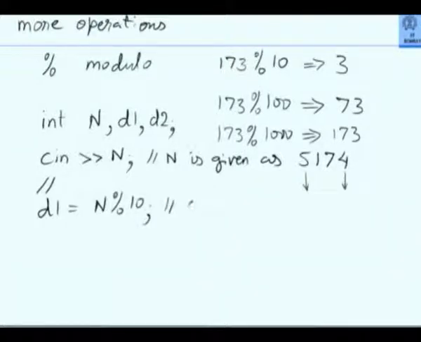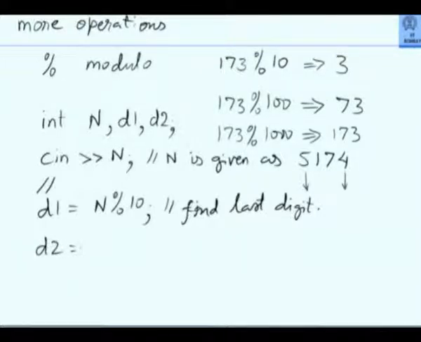We will write a comment, find last digit. Now how will you find the first digit, which I have designated by some variable, say D2?